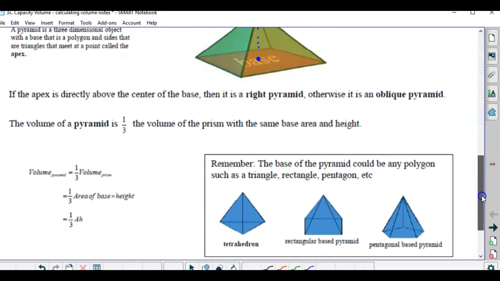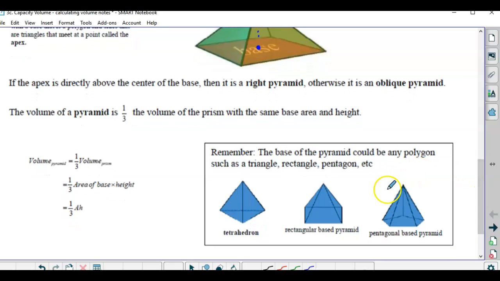Okay, so you've probably looked at this before in junior high, but the volume of a pyramid is 1/3 of the volume of a prism with the same base area and the same height. So if we had a prism that went up to the top here, so it kind of looks like this, and down.